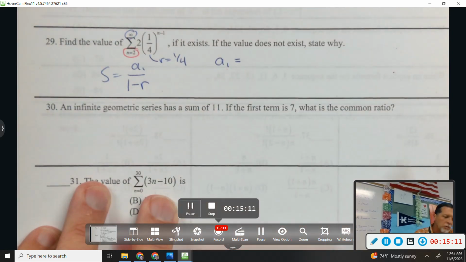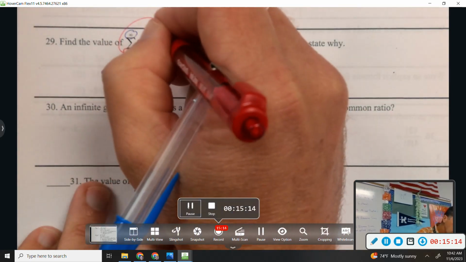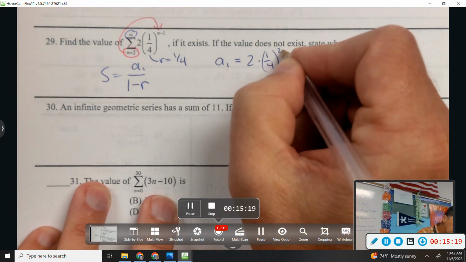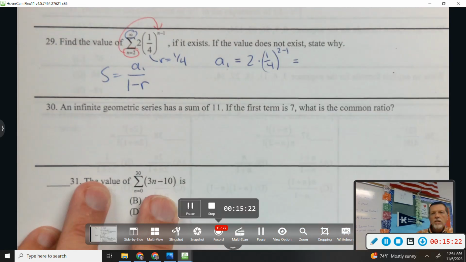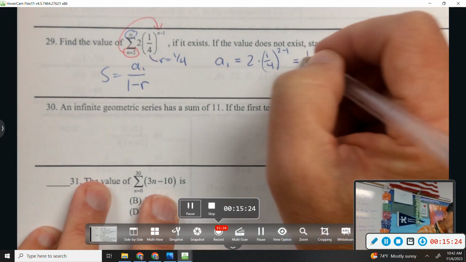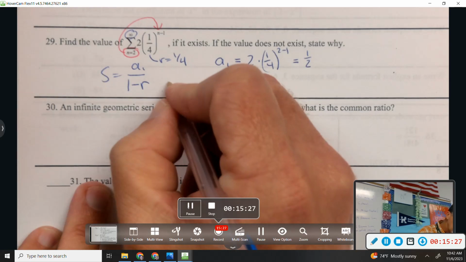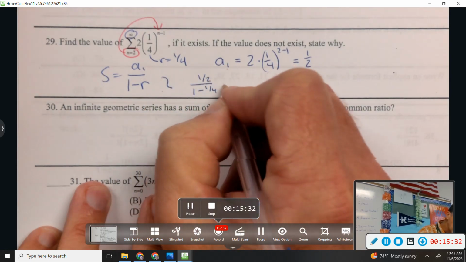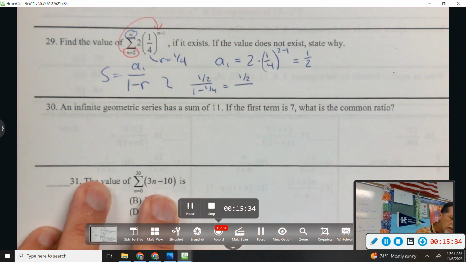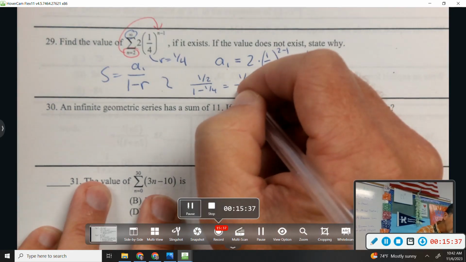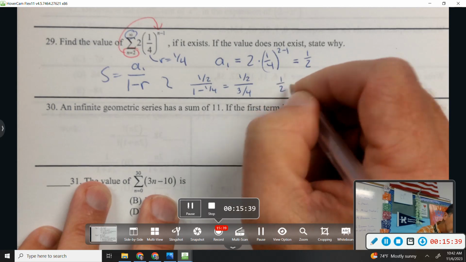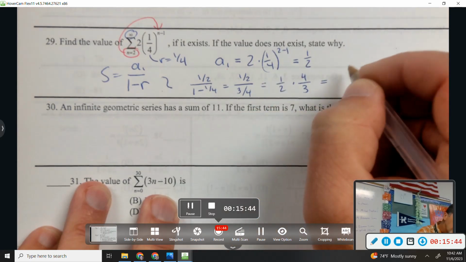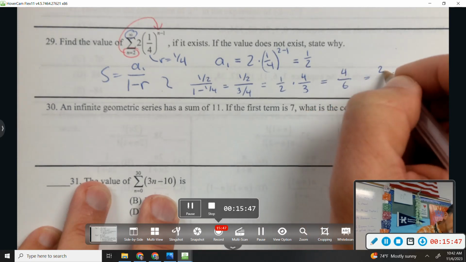Doesn't mean plug in 1, it means plug in the first. 2 times 1/4 to the 2 minus 1. 2 times 1/4 would be 1/2. So my sum is 1/2 over 1 minus 1/4. So 1/2 over 3/4. Definitely keep it, change it, flip it on that one. 4/6, also known as 2/3.